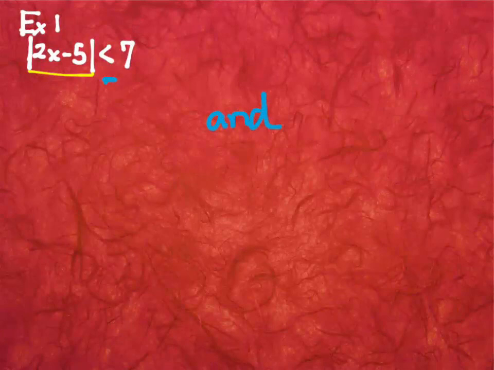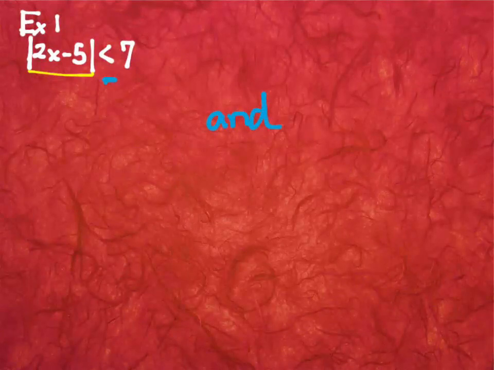So first off, on this first problem, is my absolute value by itself? Yes. So that means that we can go into deciding, is it an or, or is it an and? Less than means and. So when we solve this, we're going to be looking for where they overlap.